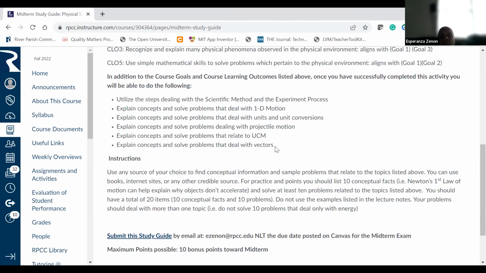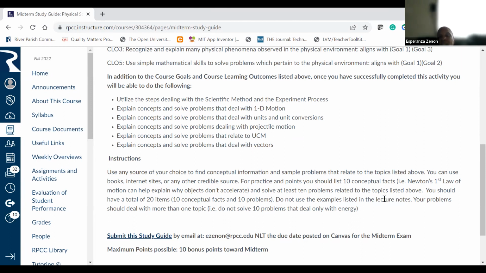But to get the bonus points toward the midterm, you must at least have 10 different concept facts and 10 different problems relating to these topic areas listed. So a total of 20 items, 10 concept facts, 10 problems, okay?